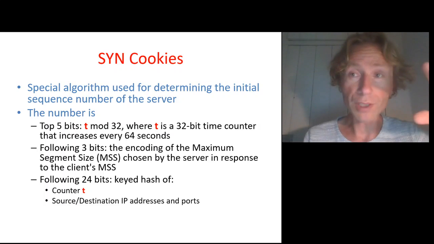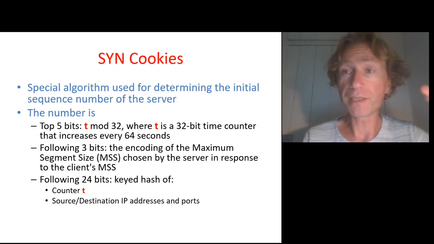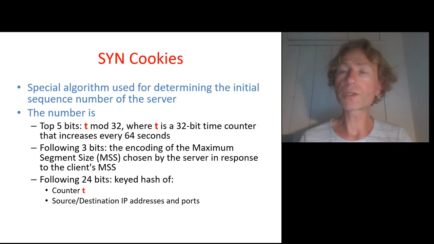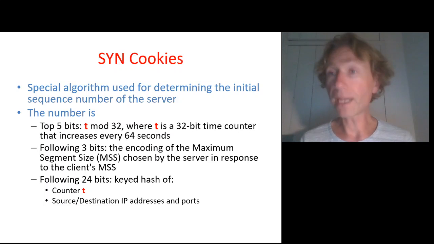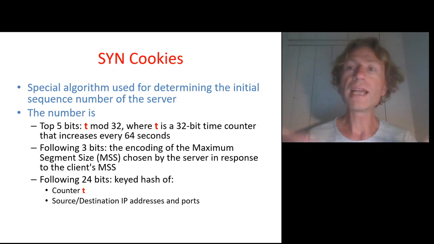Well, what the server is going to do whenever it receives a TCP SYN, the first phase of the TCP handshake, is accept that, calculate an initial sequence number, send that back and forget about it. So it doesn't keep any complex administration of the half-open connection that it has accepted.